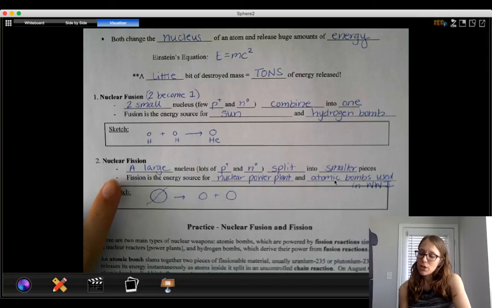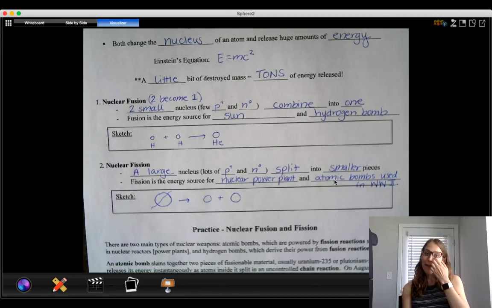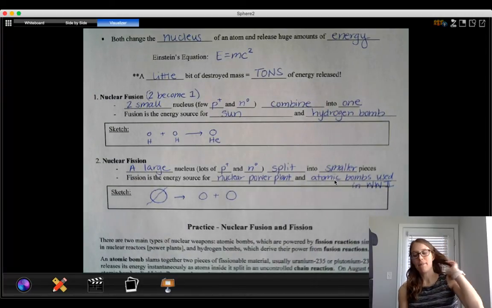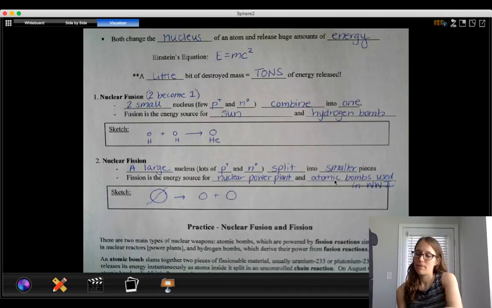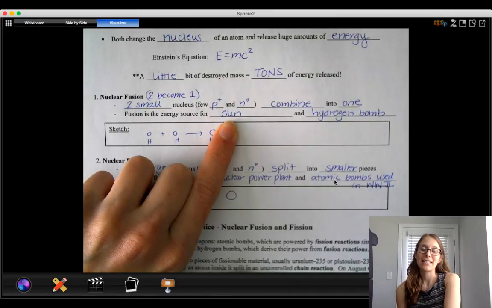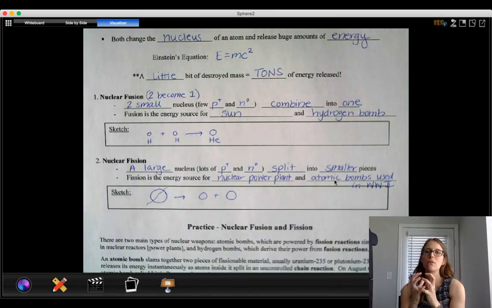Okay. Just as a note, the reason why nuclear fission is what's used in nuclear power plants is that this is the type of reaction that at this point humans have the ability to control and to actually produce on Earth. The sun is a great example of nuclear fusion, but the sun is extremely hot and it has a really high pressure that pushes those elements together.